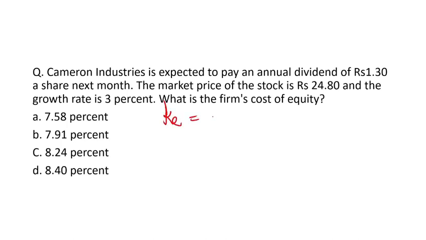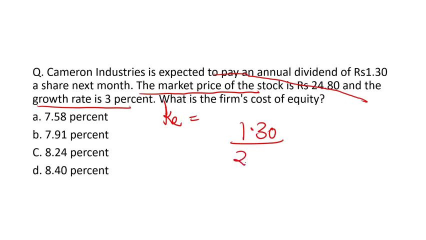What are the things given to you? One is the growth rate, another is the market price of stock, and the most important is 1.30, the expected dividend. So 1.30 upon 24.80 plus the 3%, which you should write as 0.03.